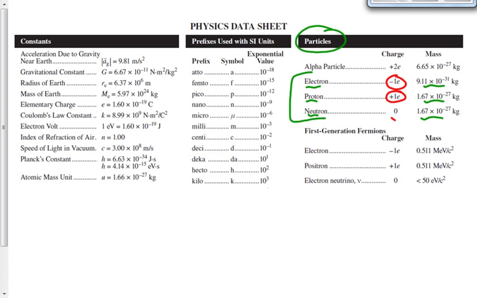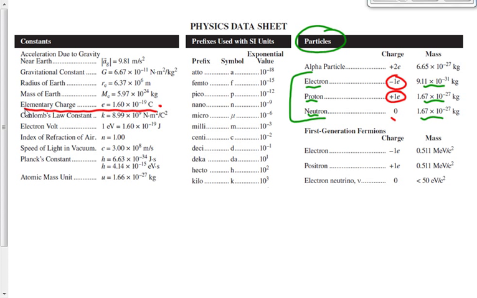The elementary charge is listed over here on the left side of your data sheet. It says an elementary charge is 1.6 times 10 to the minus 19. So an electron is negative 1 times 1.6 times 10 to the minus 19. A proton is positive 1 times 1.6 times 10 to the minus 19.